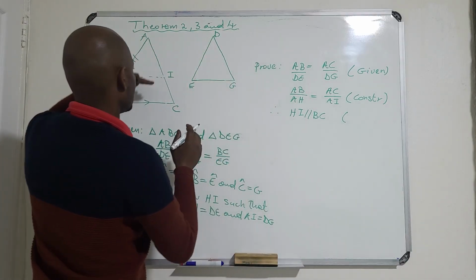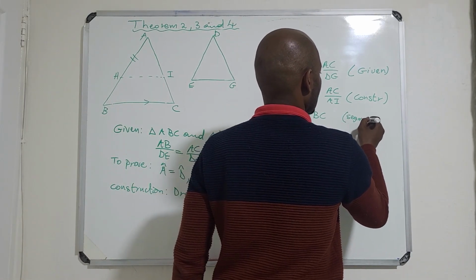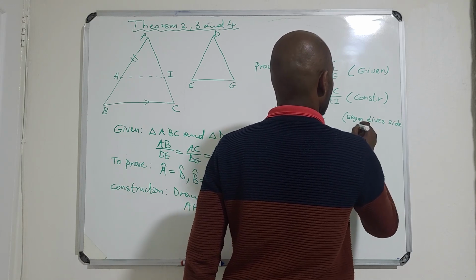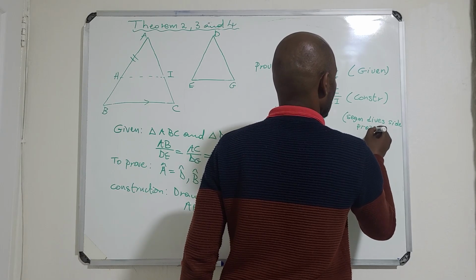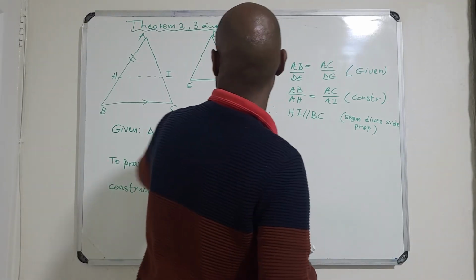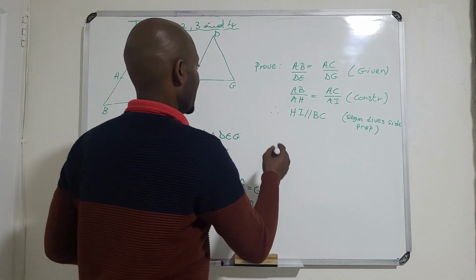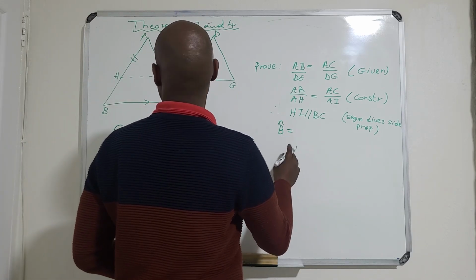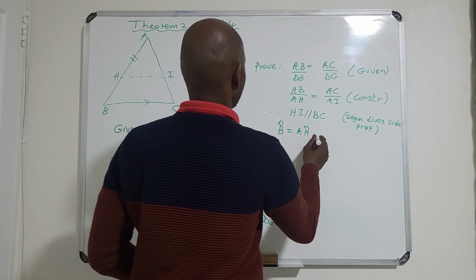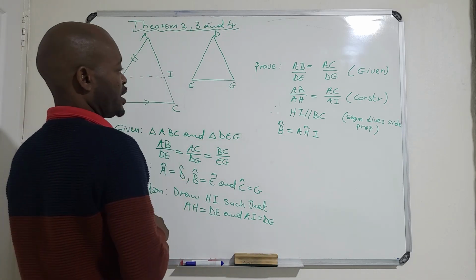The reason why we're saying that this is parallel to that is because a segment divides sides proportionally. That's why this is parallel to that. Now, since this is parallel to that, we know that angle B is equal to angle AHI, this angle is equal to that angle there.